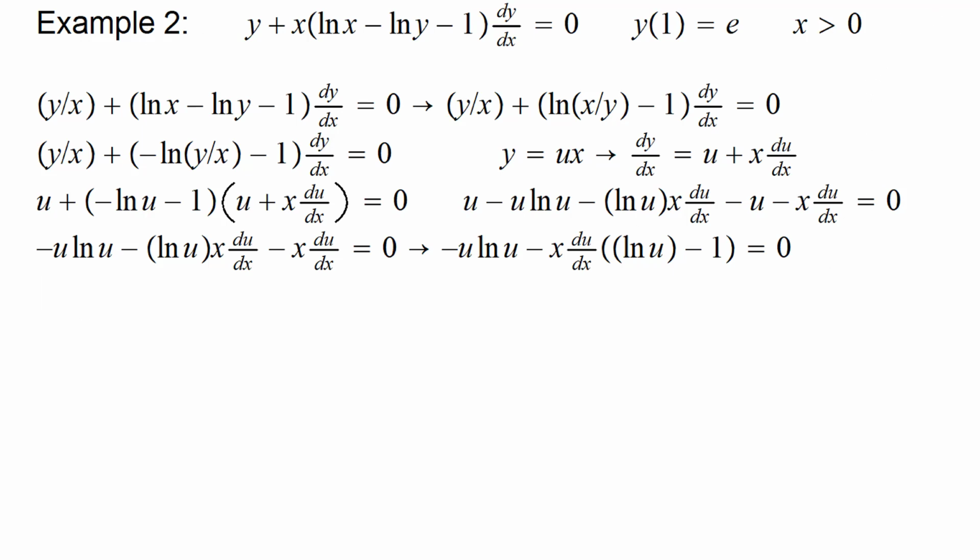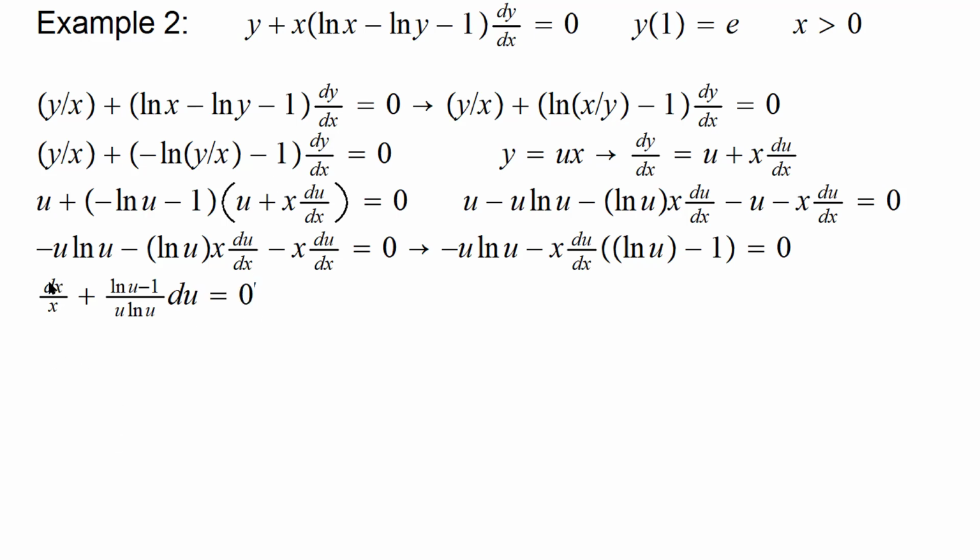And now we can separate the variables, as you can see this dx over x, or x over dx. We can bring that up here. I'm just dropping the negative signs. And then this ln of u, I'm taking it down here as u ln u du. Okay, and that is a 0.